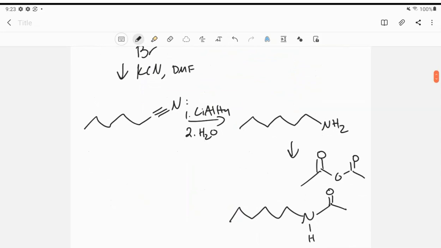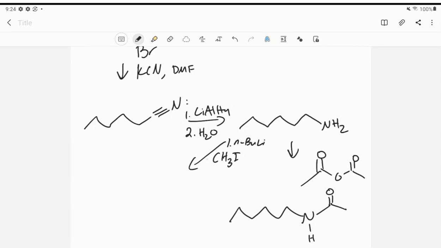Can we just use a base and methyl iodide, just use it as a nucleophile and go and attack? Not really, right? Because we're going to end up polyalkylating, and that's not going to work. So I don't know, what's a base to use here?